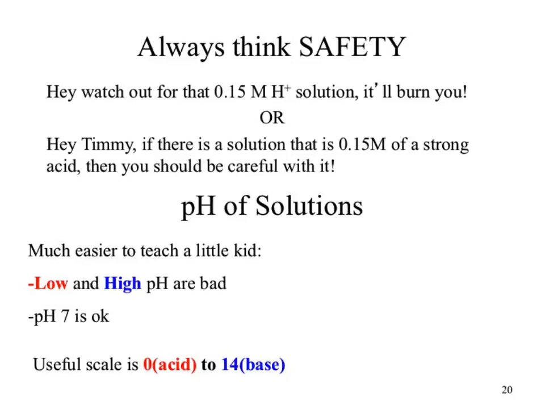So we can then refer to Timmy and say, watch out for that 0 pH solution. We bring in a relatively small number, 0 to 14, and we just add a new term, pH, and we can just say, watch out, that's kind of what this number means. It's a relatively simple idea, and it works fairly well. How do we get the pH value?